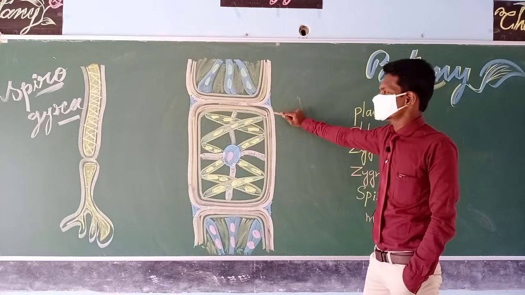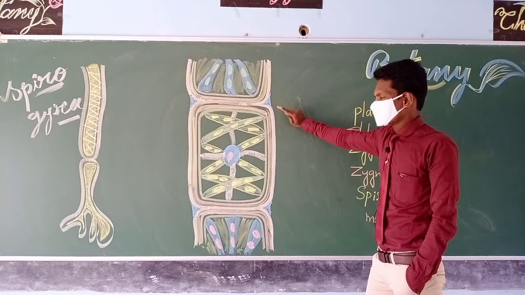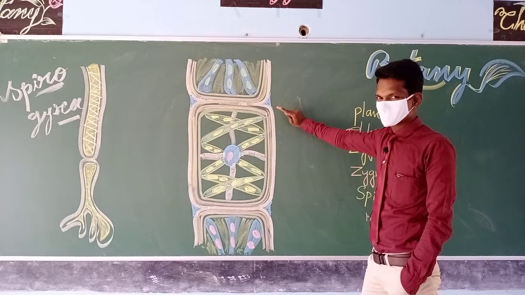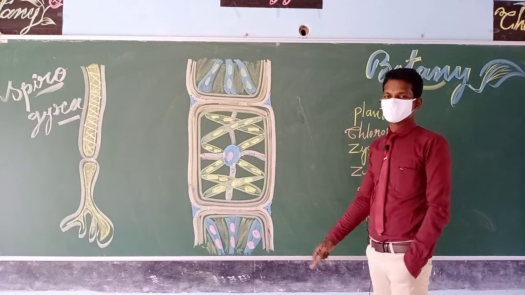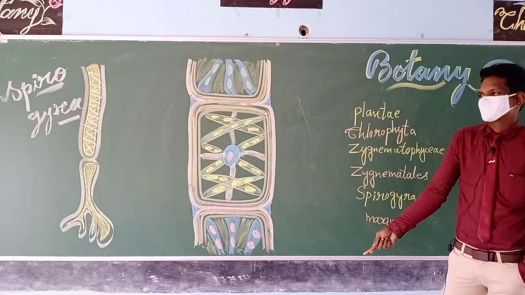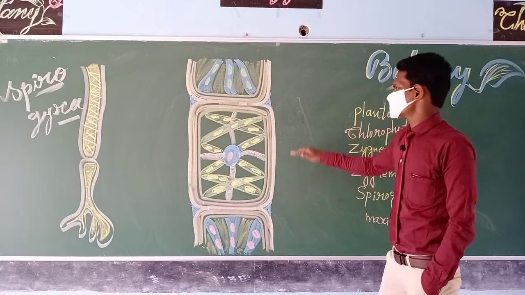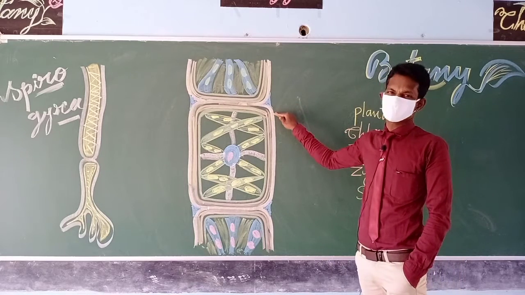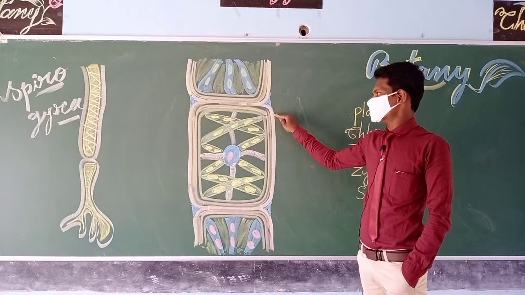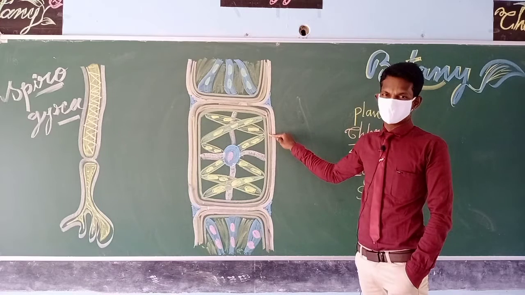So generally we knew that in Plantae all types of cells possess a cell wall, and the cell wall is made by different chemicals. So here our maxima has two cell walls. One is the outer cell wall, another one is the inner cell wall.